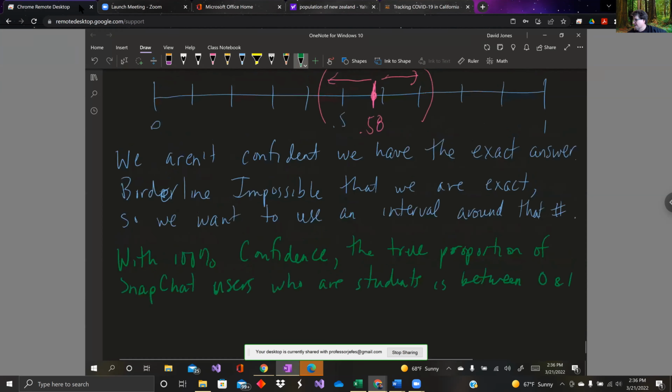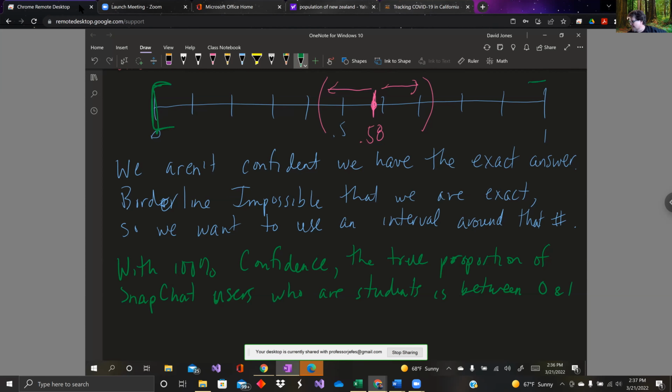I am 100% sure that if I start at this end and go to this end, 0% to 100%, I've got the right range. It's in there. That's absolutely useless information. I bet I could make the same claim if I did 10% to 90%.